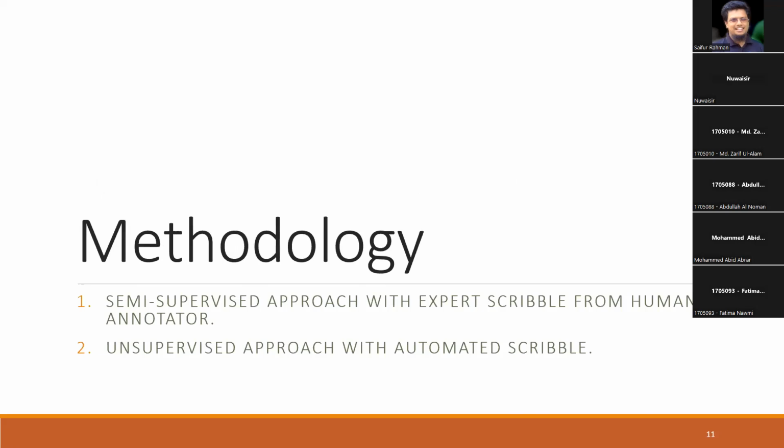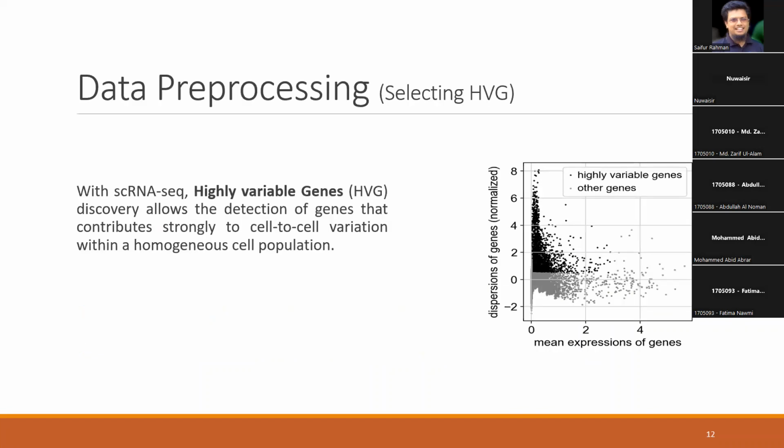So we have developed a methodology that incorporates human experts' scribbles, which can be useful for us. First of all, we did data processing. In this step, we took 2000 highly variable genes from all the genes. In each spot in the DLPFC dataset, there are 35,000 to 40,000 genes.